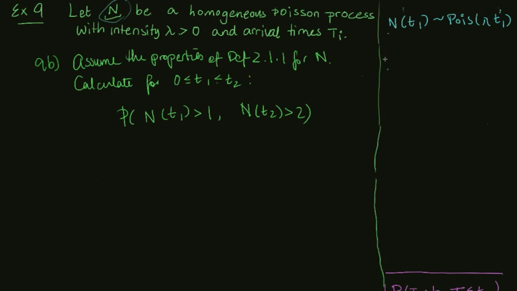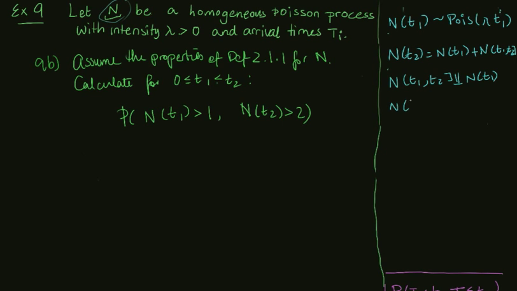And also, N(t2) will consist of N(t1) plus the increment that we experience from time t1 to t2 in claim number, where the increment in claim number from time t1 to t2 is first and foremost independent of N(t1) by the independent increment property from definition 2.1.1.